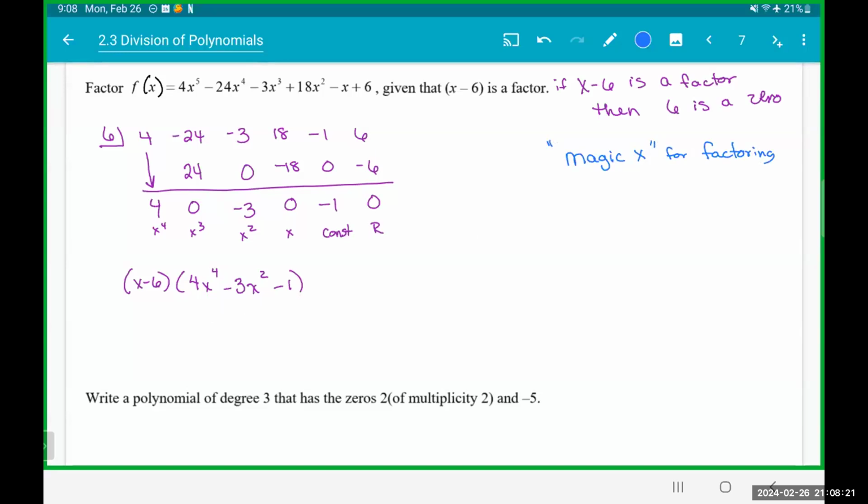Because you have x to the 4 and x squared, you could think of it more in terms of 2x squared, right? You can think of that and factor it further.